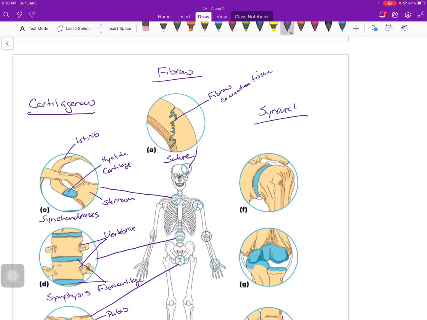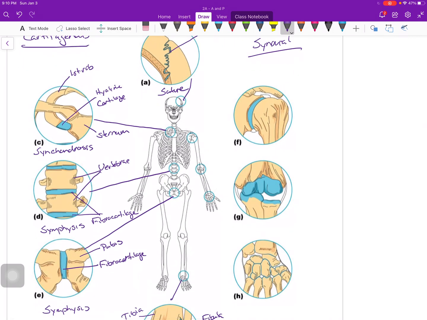All right, this first one is known as a multi-axial joint or a shoulder joint. And I'm just going to put out here multi-axial. All right, and what you have here is the scapula, which you remember is your shoulder blade.